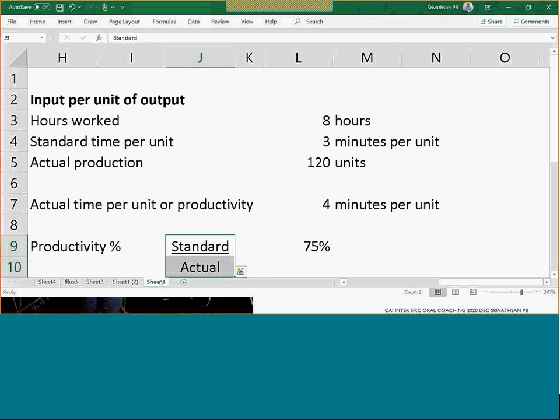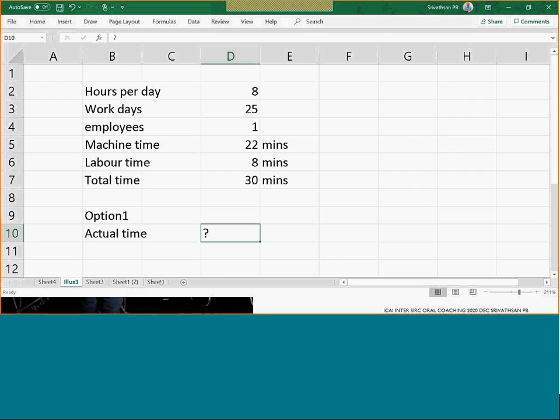My percentage is standard divided by actual, 75% in this example.